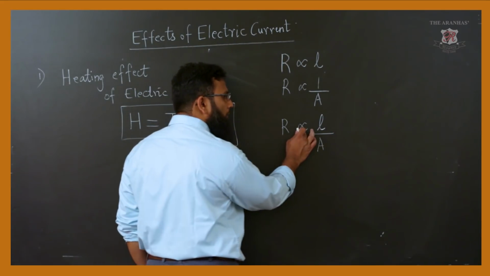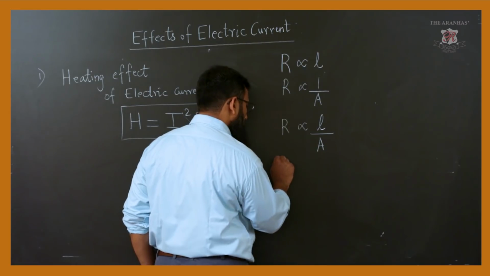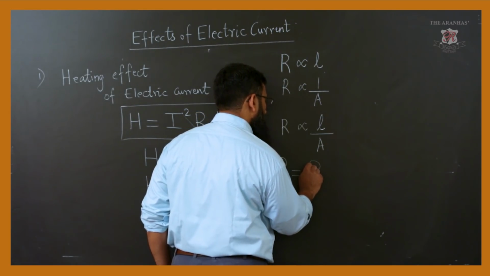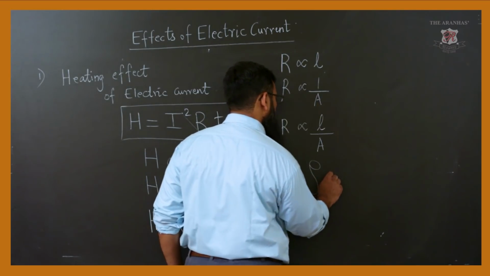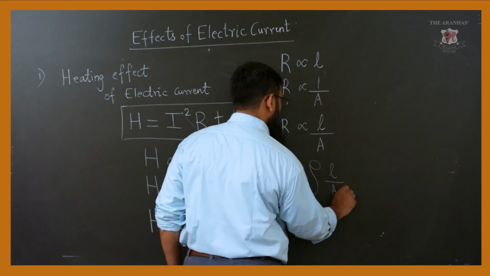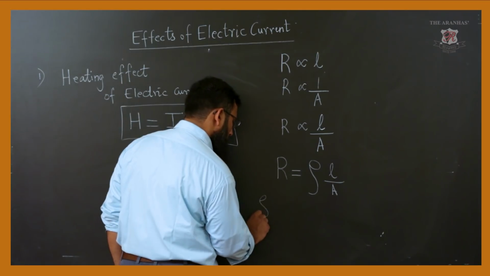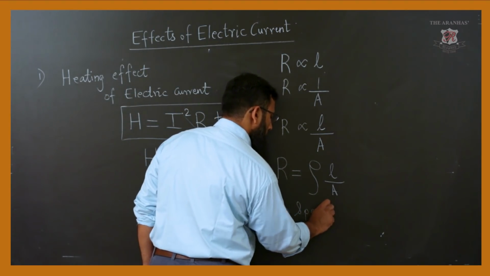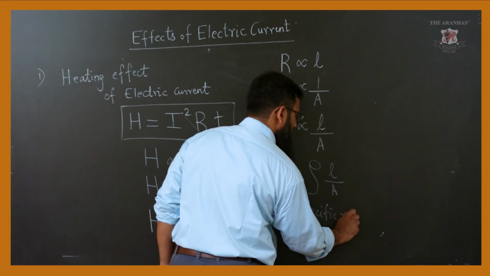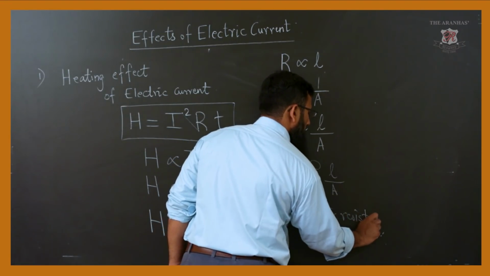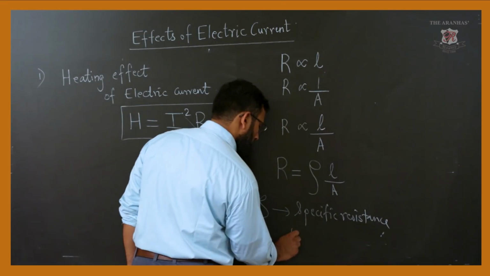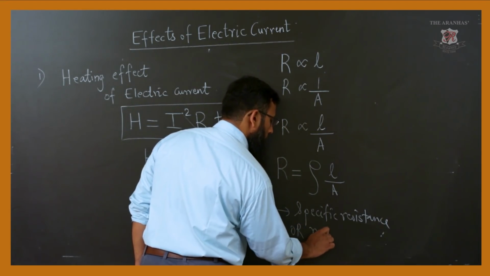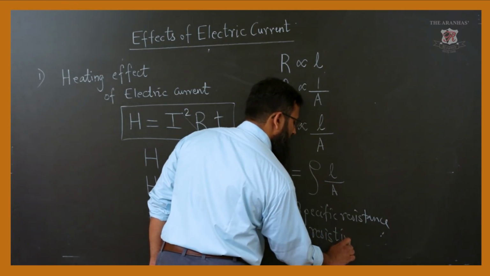So, when I remove the proportionality, I will introduce a constant term over here which is called specific resistance or resistivity.